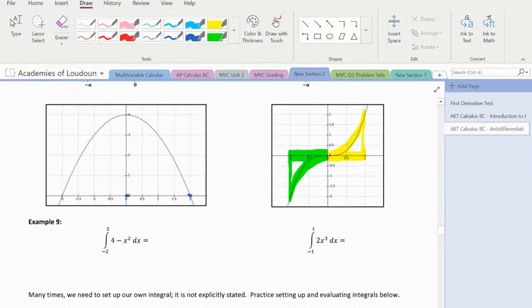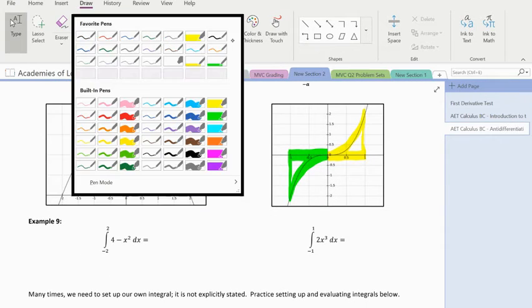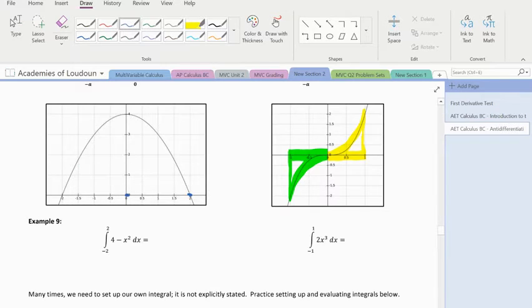So looking at these functions, we have that the integral of 4 minus x squared from negative 2 to 2 can be rewritten as 2 times the integral from 0 to 2 of 4 minus x squared dx.